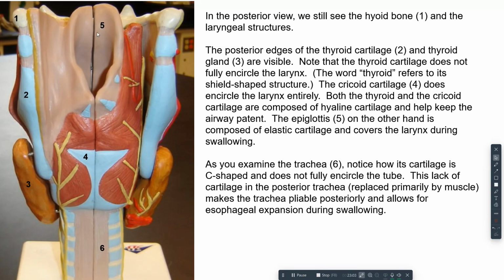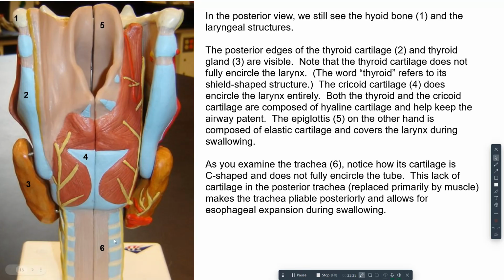Got my epiglottis also. All the cartilage is going to be protective. It also keeps the airway patent, which is another way of saying it keeps the airway open. I do see my trachea down here. One really important thing to notice about the trachea here is that there is no posterior cartilage.